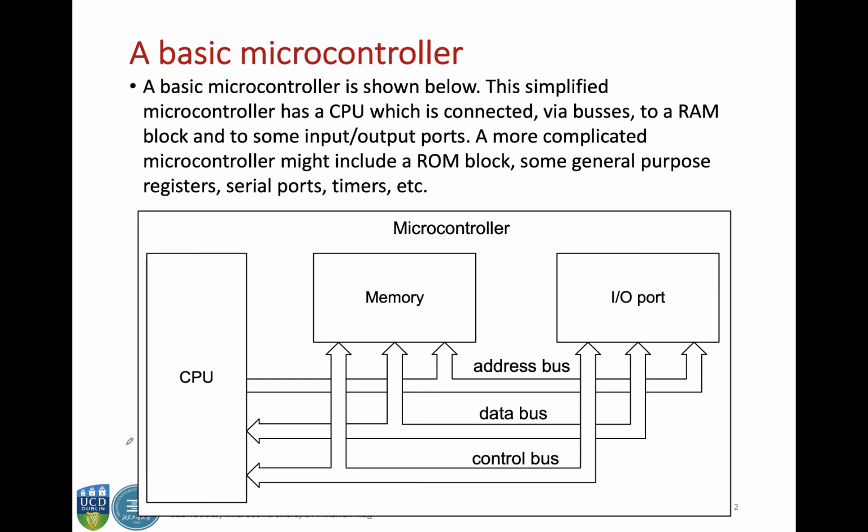So in a microcontroller, all the necessary blocks are within the same chip. So basically you have the CPU, memory, and IO ports, and then they are connected to each other through different buses: the address bus, the data bus, and the control bus.